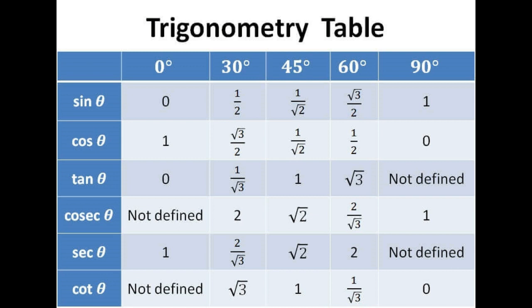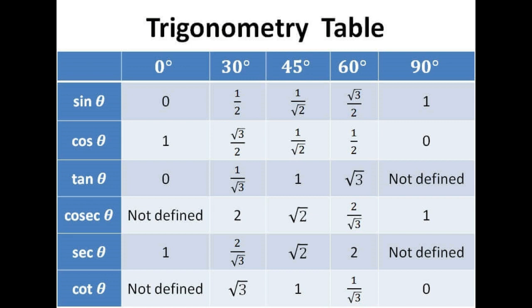So in cosec, just imagine sine and then reciprocate them in your mind. I am telling you the values of cosec: not defined, 2, root 2, 2 upon root 3, 1.